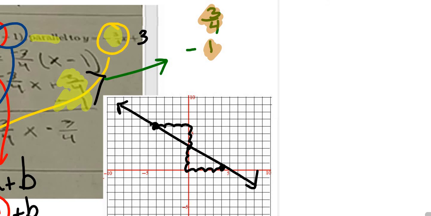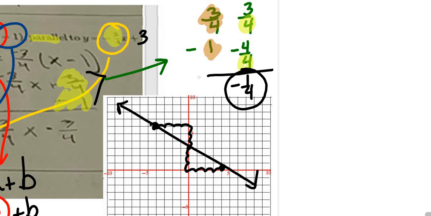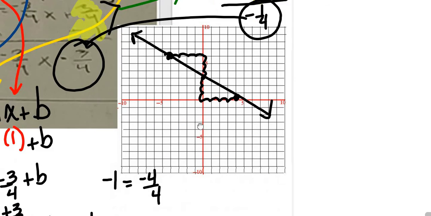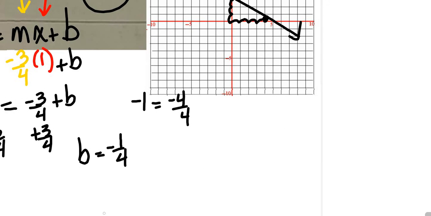So in order for you to work those, technically it's like this. It's 3/4 minus 4/4 because you had to get your denominators the same, which would have given you -1/4. So your y-intercept, or your b, should be -1/4, which I have down here.